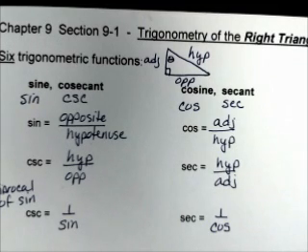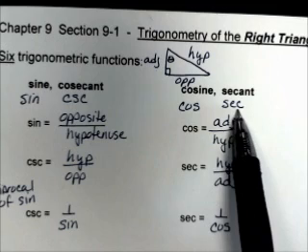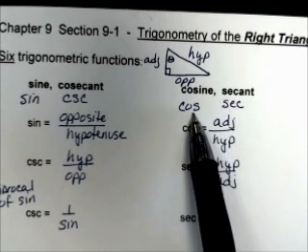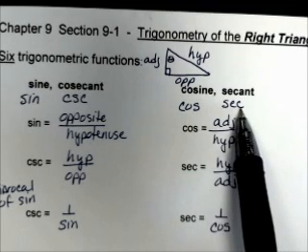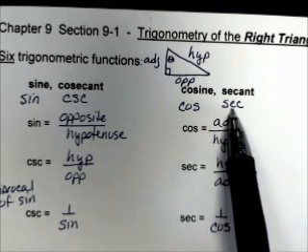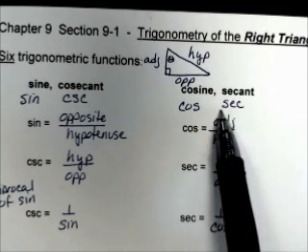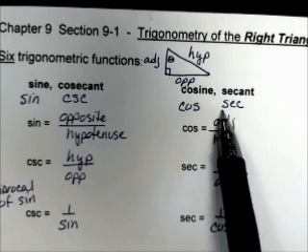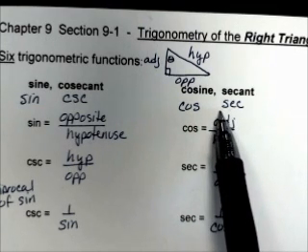Now, how do you keep track of the 2? Secant, how do I remember that it's the reciprocal of cosine? If I take secant, the abbreviation SEC, and look at it backwards, CES, well, that's almost COS for cosine.